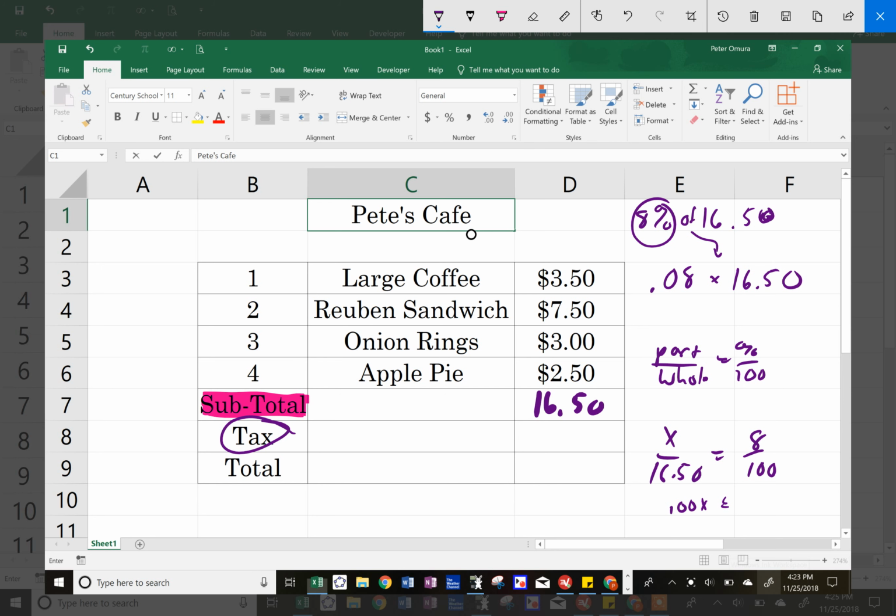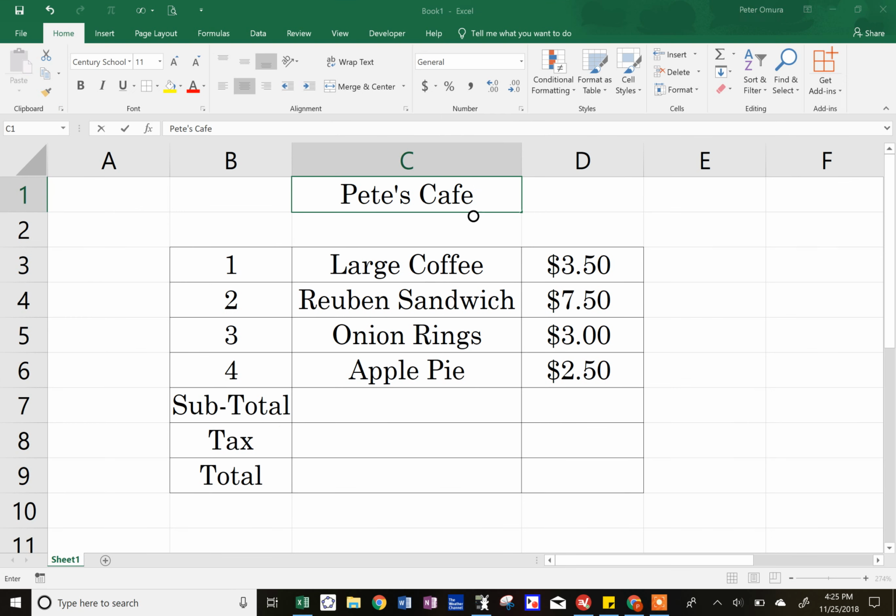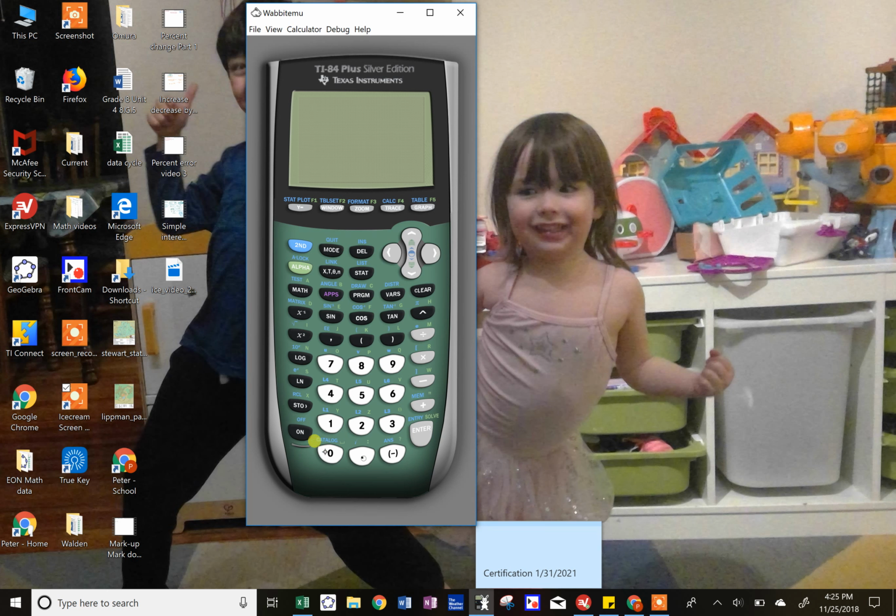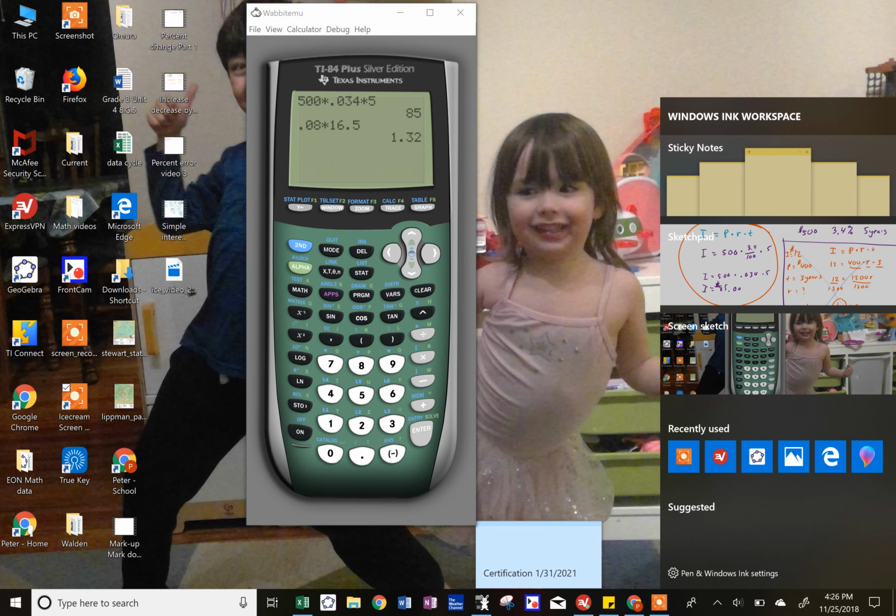So let's go to the calculator, right? 8% of 1650, and I get $1.32. So my tax was $1.32.